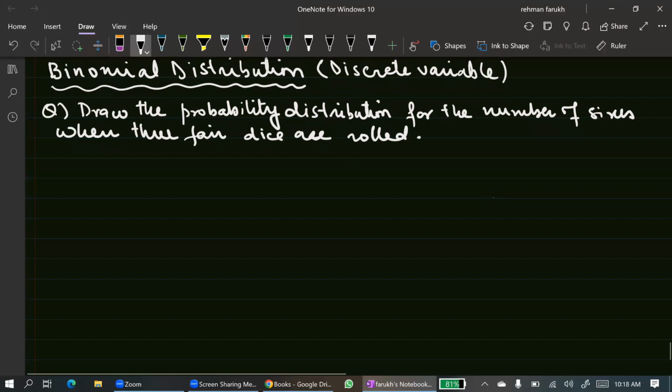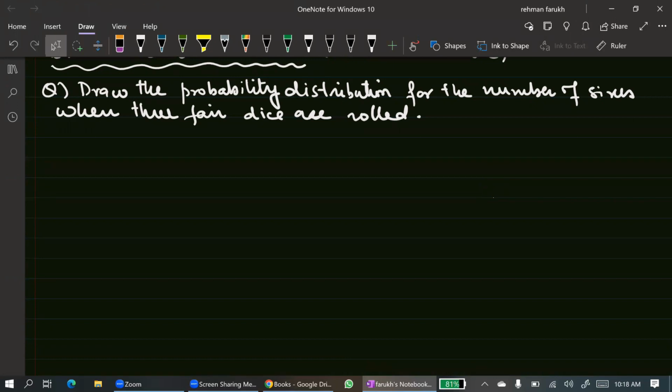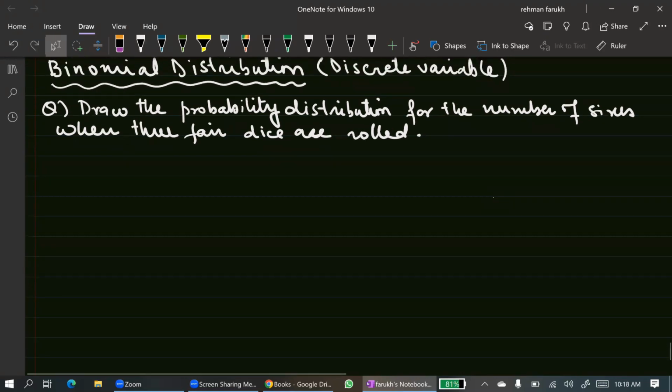I will extend the concept of probability distribution to the binomial distribution. First of all, I will define the probability distribution. Then we will extend it. I will give you the idea about the binomial distribution on the basis of probability distribution.